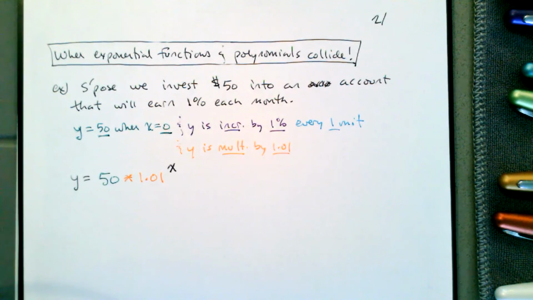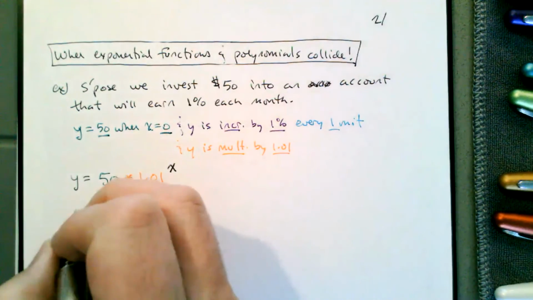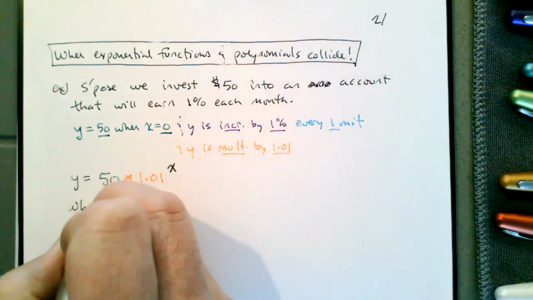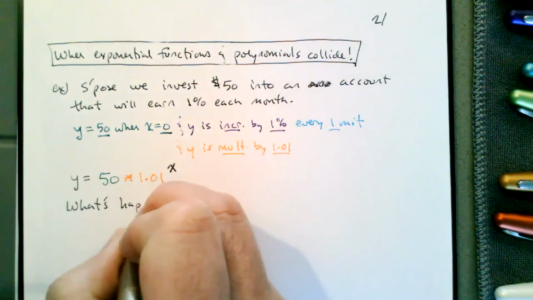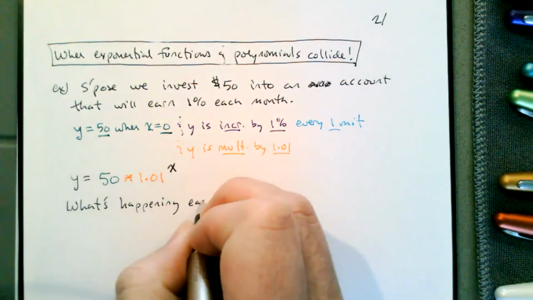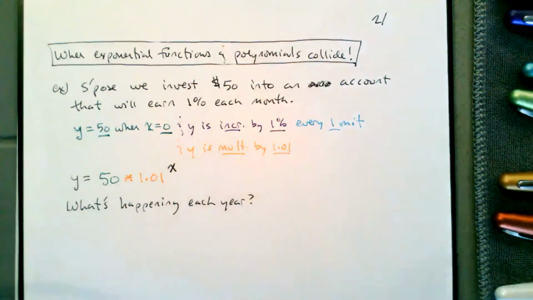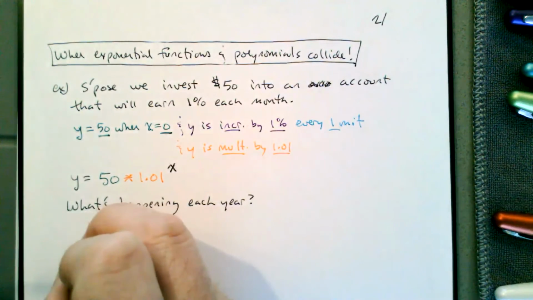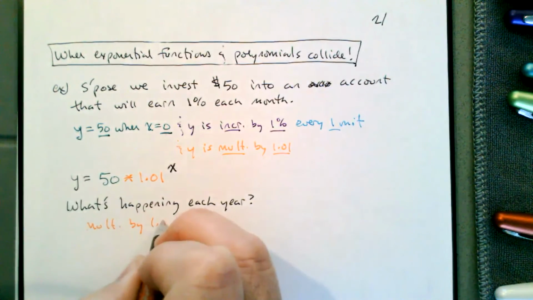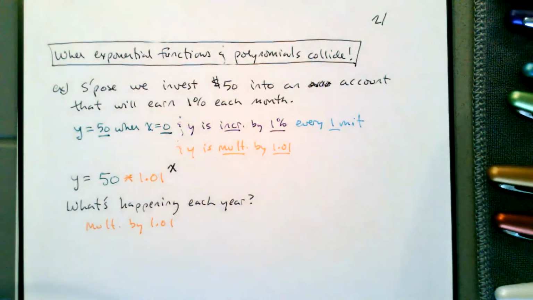What are we going to multiply by every year? If it's 1% every month, what does that mean each year? A lot of times we talk about things in terms of annual growth. If we're thinking of a long-term investment, we should think of annual growth. And if I take 1.01 every 1 unit, we're going to multiply by 1.01 12 times.